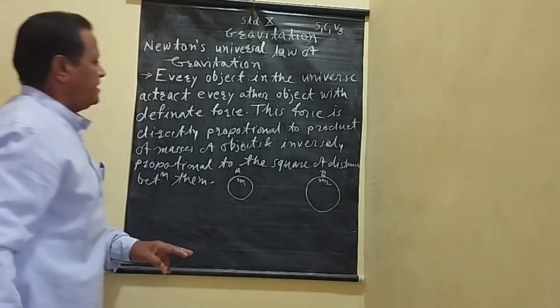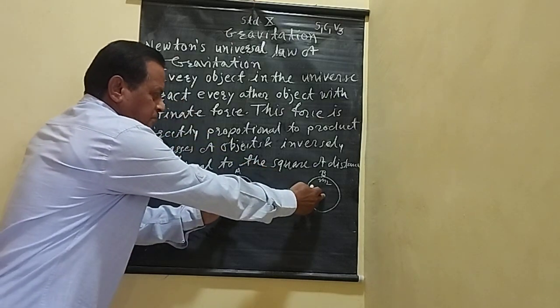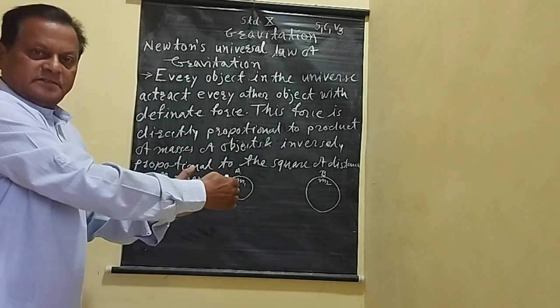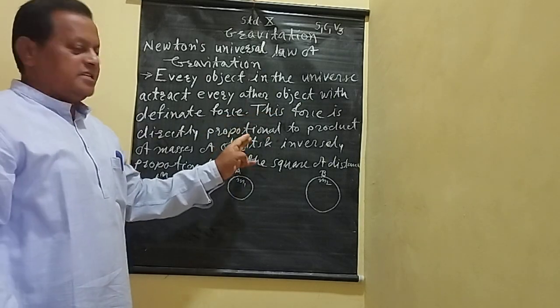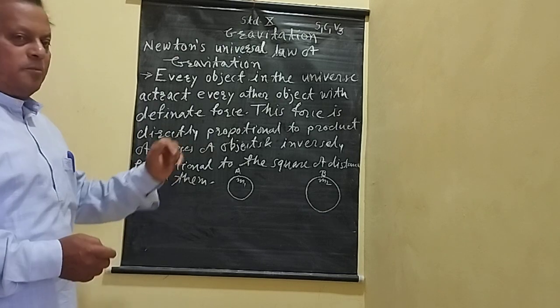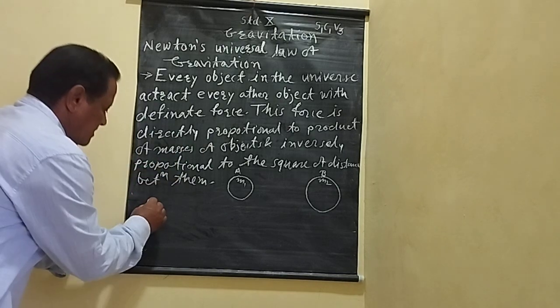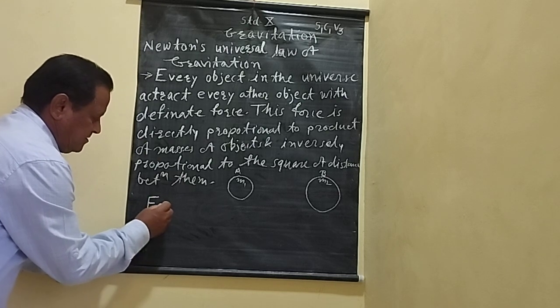And what have we learned? These two objects attract each other. So this force of attraction is directly proportional to the product of masses. Here F is the force of attraction.